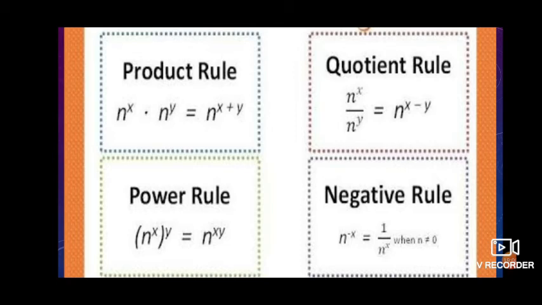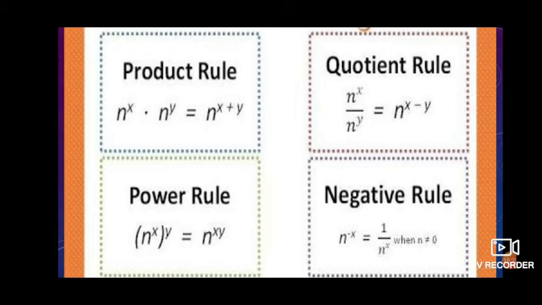For this type of numbers, we have different laws, and based on those laws we have some sums also. Very briefly, I'll explain some laws or rules about the exponents, and then we will see some problems also.